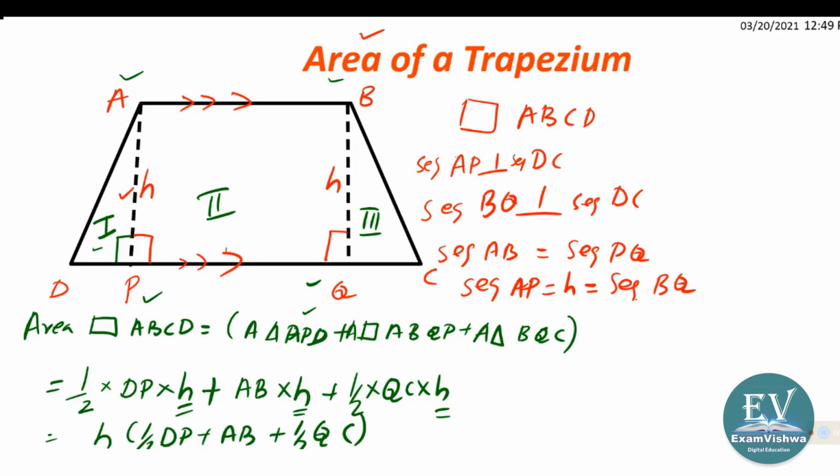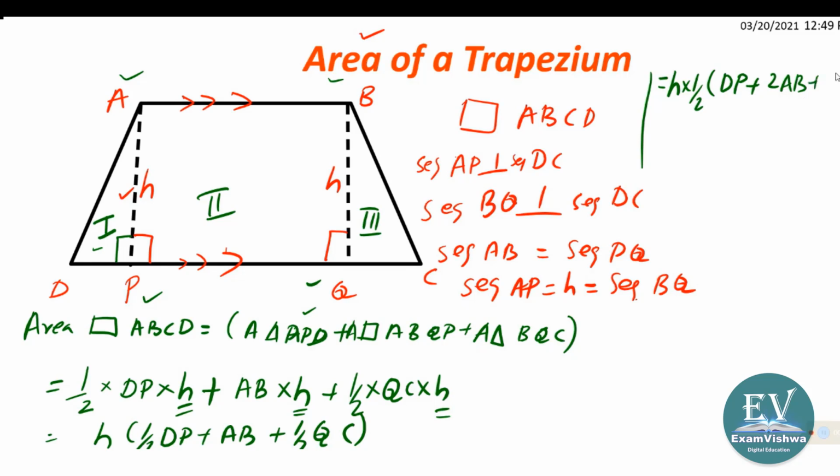Again, we can see that half is common here, half is common here, there is no half over here, but we can rewrite it as h into, and I'm taking half also outside, h into half into, instead of half DP I will write DP, plus instead of AB I will write 2AB. 2AB will cancel the 2 and 2 and it will become AB.